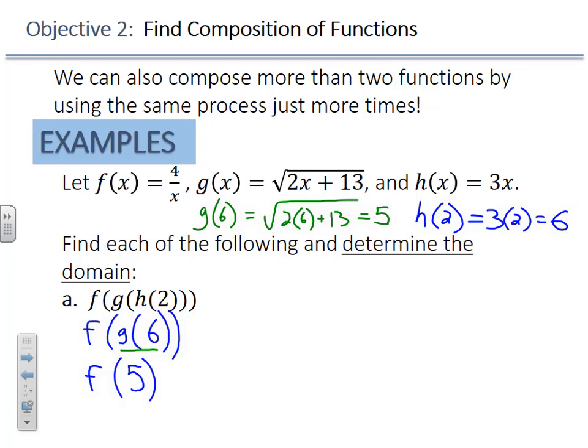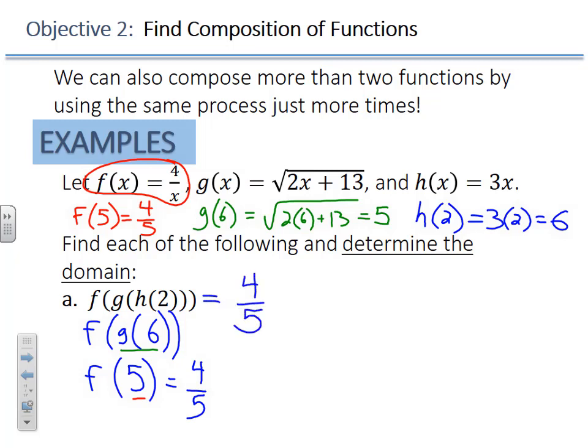And f of 5, we can calculate that as well. f of 5 is 4 over 5. And so apparently we can conclude that f of g of h of 2 is equal to 4 fifths.